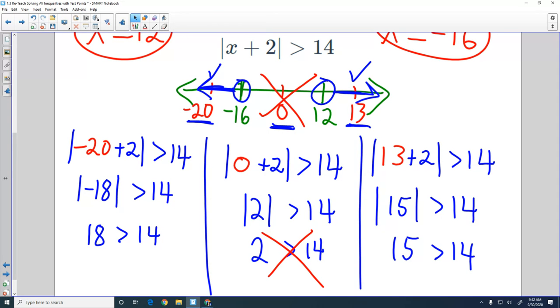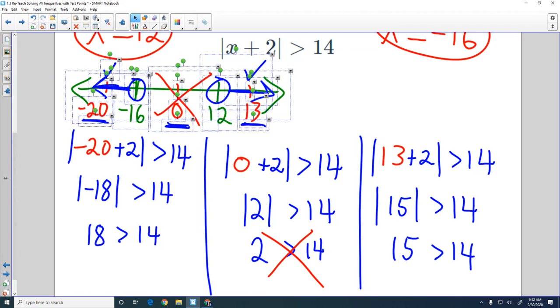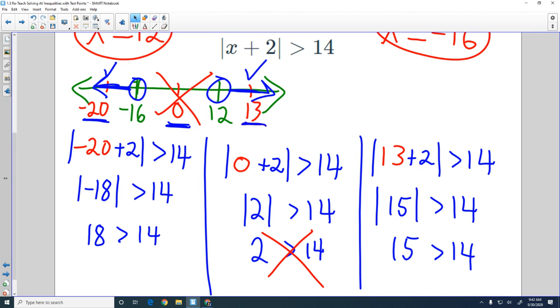The last thing we would do is write out that final inequality statement. Now, if they are opposite arrows, we have to write it as two completely separate inequalities.